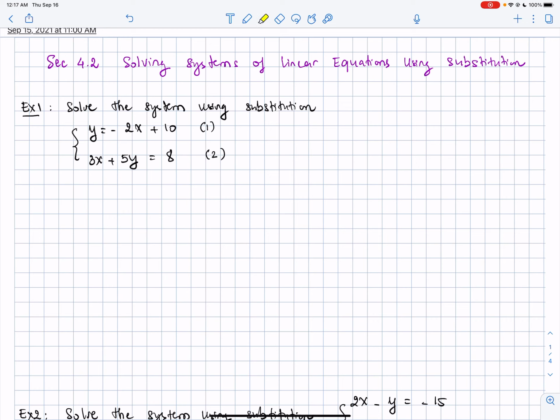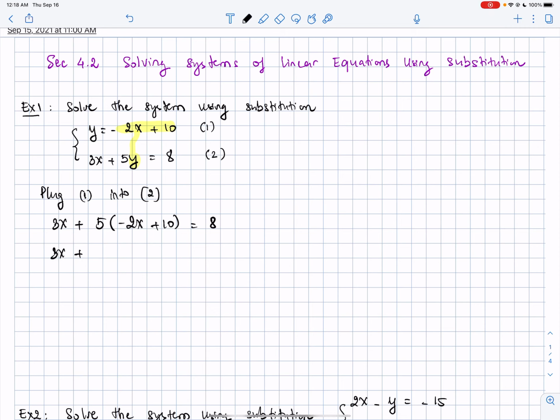If we notice that negative 2x plus 10 is y, and we have y in the second equation, what we should do is plug 1 into 2. Then the second equation will become 3x plus 5 times (negative 2x plus 10), where that was y that I replaced, equals 8.